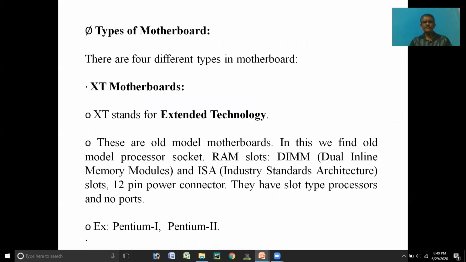Then we move on to the next heading, types of motherboard. There are 4 types of motherboards.